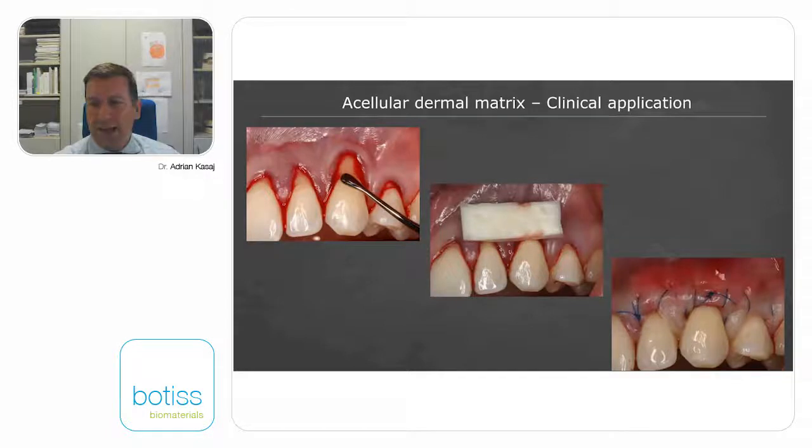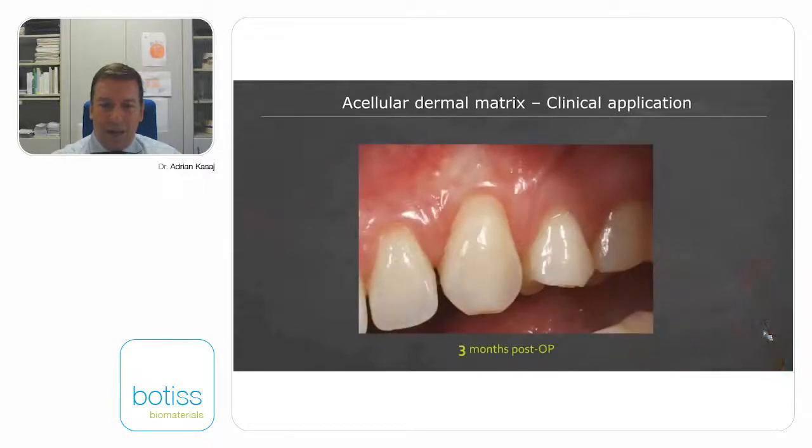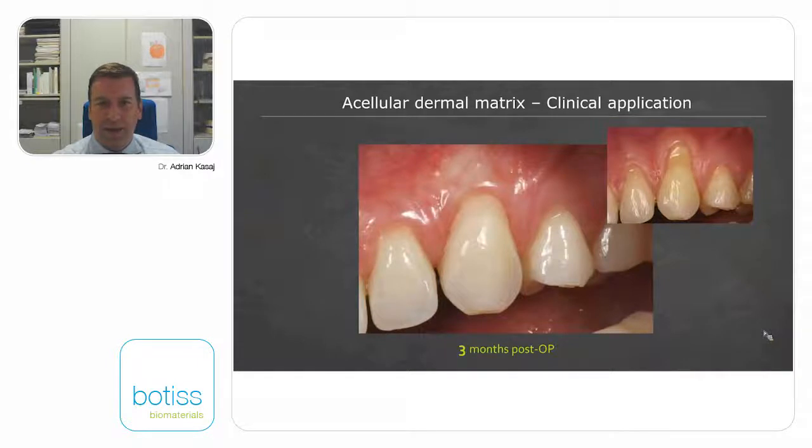You can see here the insertion into the tunnel, one continuous sling suture, and the clinical outcome 3 months post-operative in comparison to the baseline situation. So you can see you can apply different techniques when working with the mucoderm matrix.